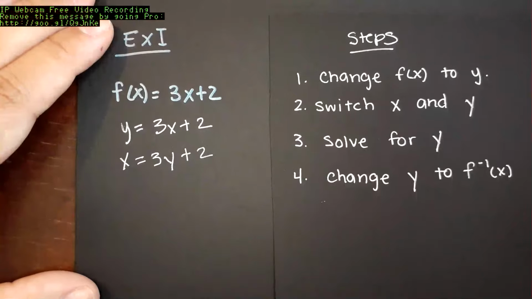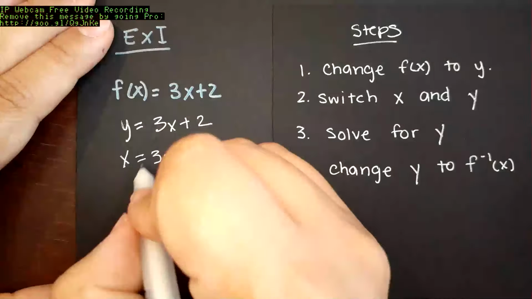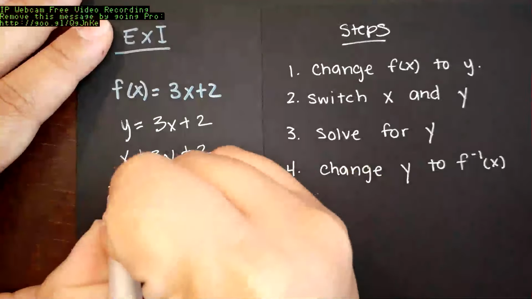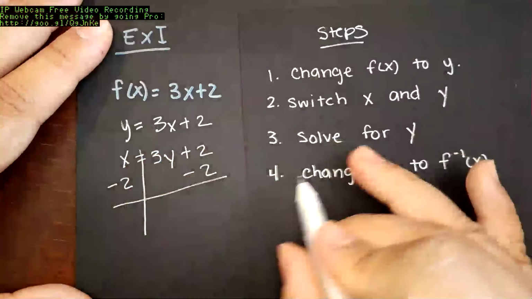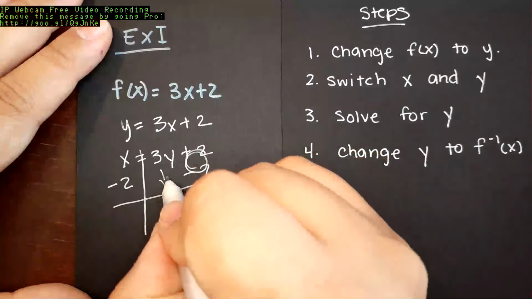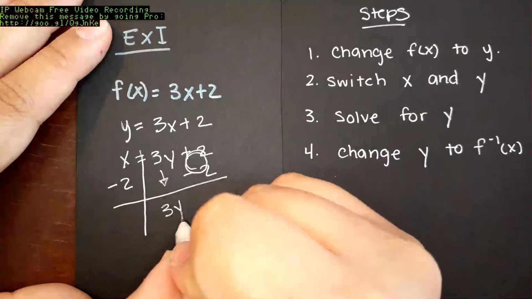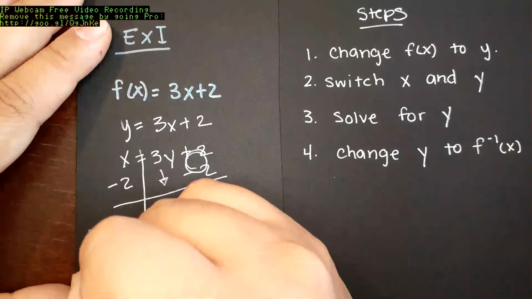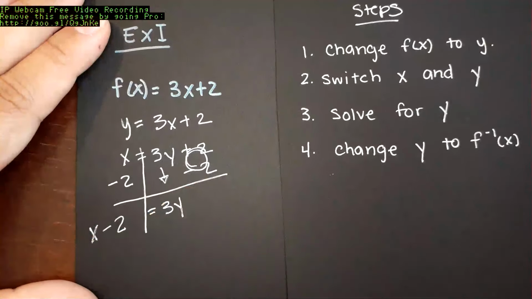My third step is to solve for y. I know that you guys are pros at this. So I'm going to subtract 2 and this will give me 0. My 3 drops down, so it's 3y. And on this side, I have no like terms, so I'm just going to rewrite them.